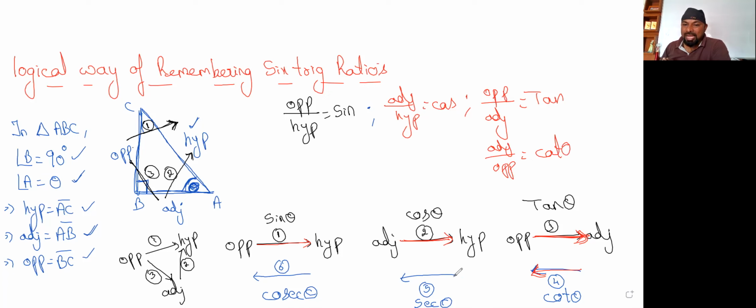Again, hypotenuse to adjacent, we call secant theta.